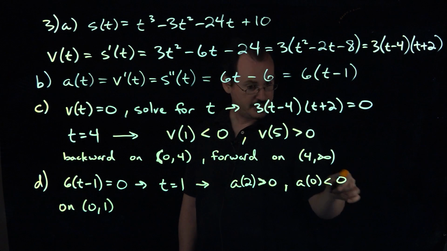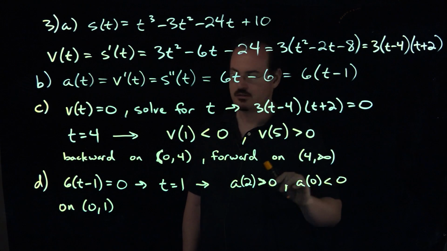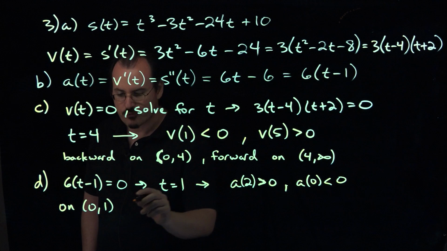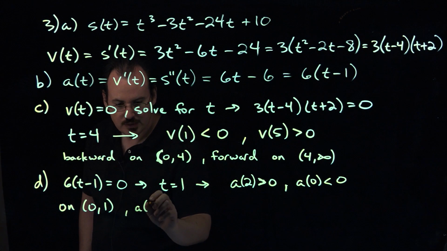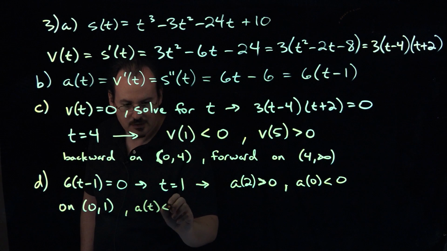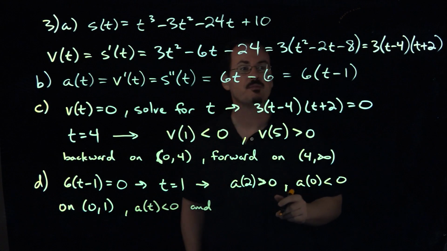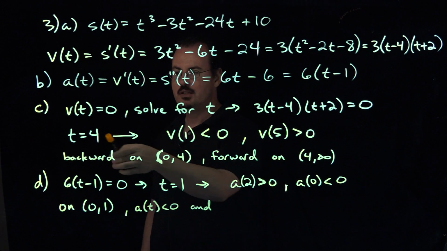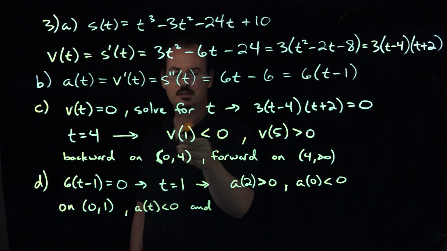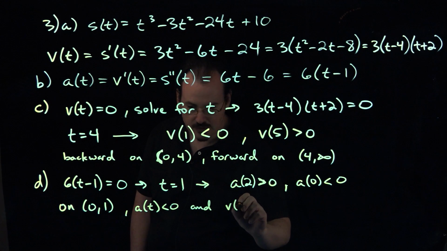No, I'm sorry, it's negative, because from 0 to 1 we've got a less than 0 acceleration there. So for 0 to 1, the acceleration was negative. And what was true about the velocity on that time interval? If we come back to the velocity, on the interval from 0 to 4, the velocity was negative. So velocity is also negative.